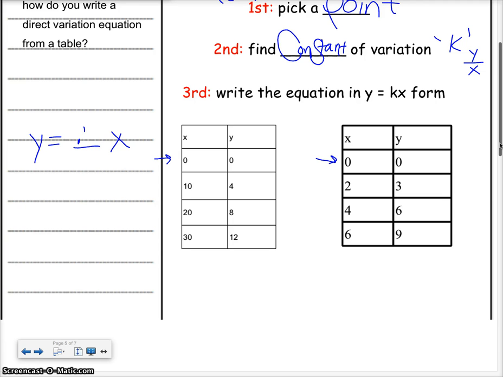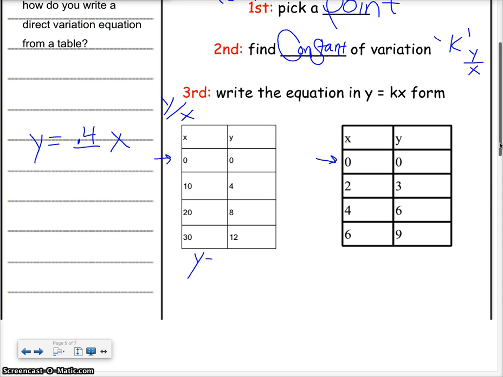Can I times every x by 0.4 and get to my y? 10 times 0.4 is 4, yep. 20 times 0.4 is 8, yep. 30 times 0.4 is 12, yep. Notice that all I did was y divided by x. So yes, this is a direct variation table.